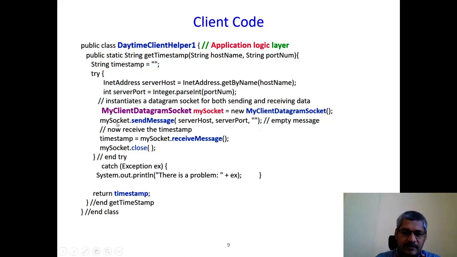And then you are receiving the message, which is the timestamp. Once you receive the message, you are closing the sockets, and then of course you are returning the timestamp to your presentation logic. That's what you are getting, the timestamp, which you will return to your Client1.java.